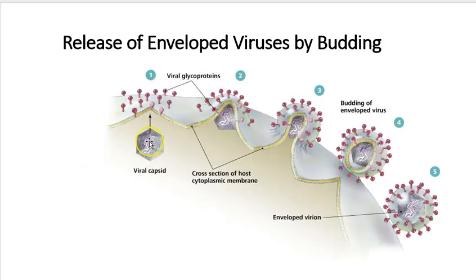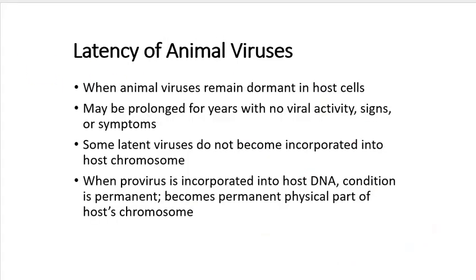So here's your little viral capsid that's been replicated now by your host cell. And as I said, it touches the cytoplasm, it wraps it in our cell membrane, and it buds off. And now we have an enveloped virion that's going to go off and do the same thing and replicate and replicate and replicate.